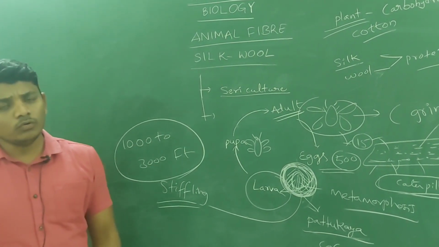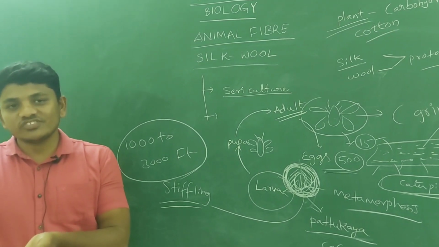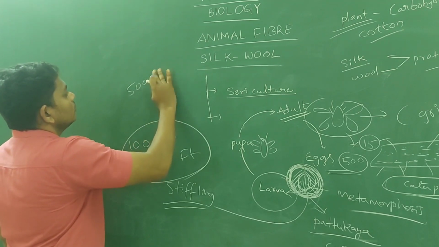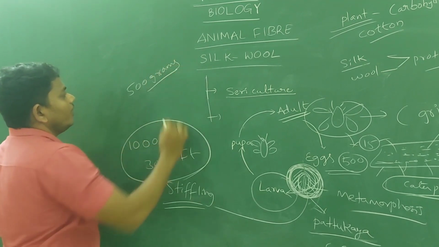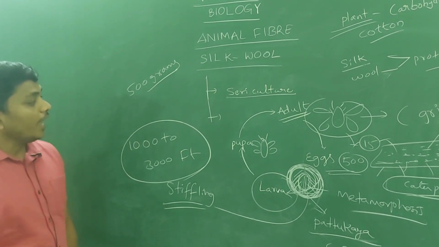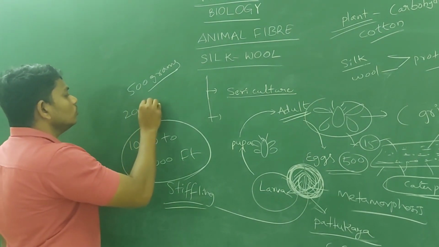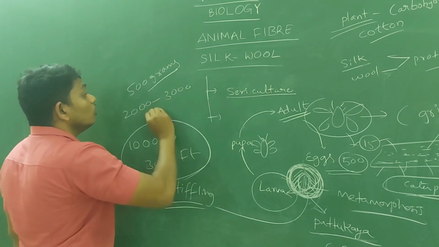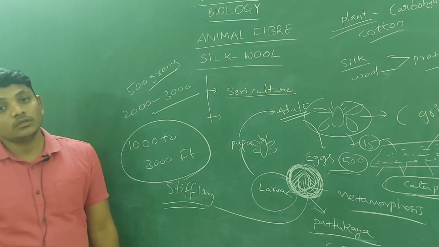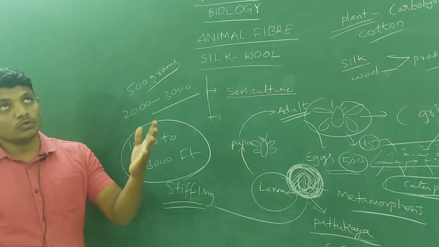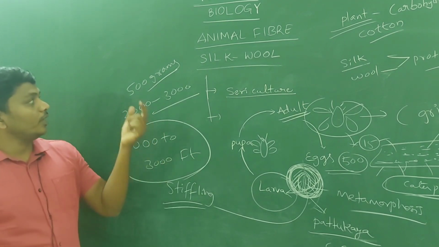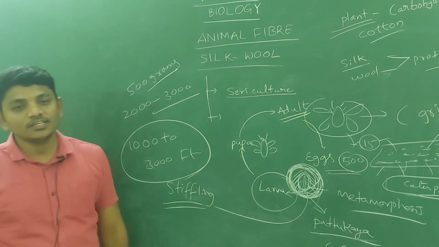If a farmer wants to make a 500 gram sari, which means half a kg weight of sari, they have to use 2000 to 3000 cocoons, which means 2000 to 3000 pupas can be used to prepare a half kg sari.